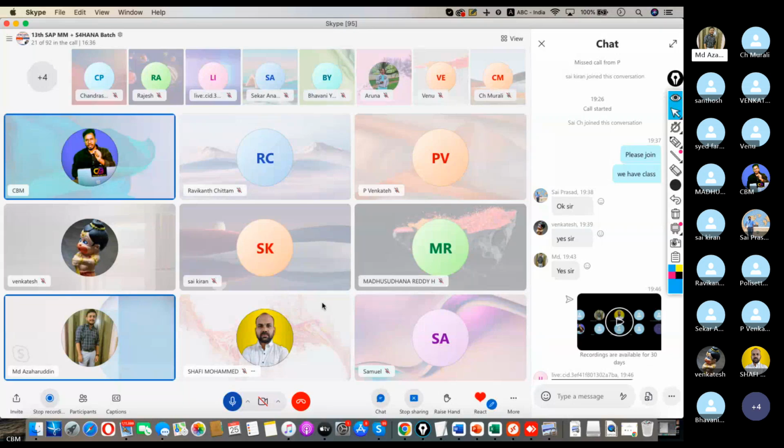The first one is the implementation project. There are three mini projects under the implementation project: testing project, 6 months; data migration project, 6 months; and RISEF, which is system design and development, 4 to 5 months. And here we have taken an example of a client, TVS Private Limited.